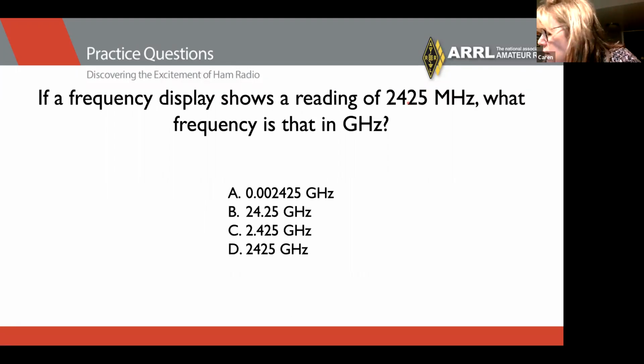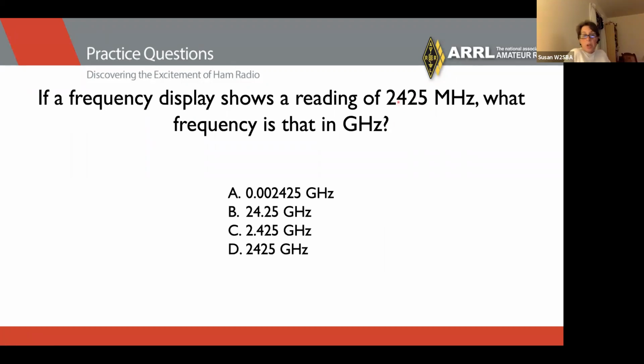That's what we need the mnemonic for. I was wrong. There's another one. Kilo, hecto, deca, deci, centi, milli, micro, nano, pico. So we want to go from 2,425 mega to giga. It's one move. So is giga bigger or smaller than mega?